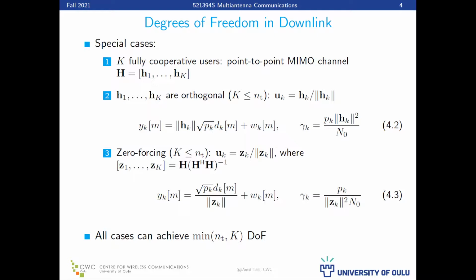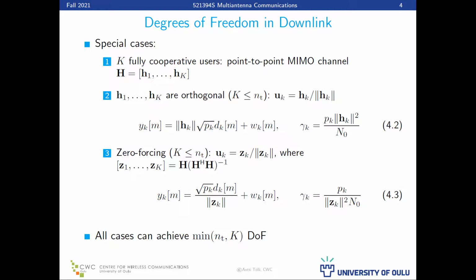And clearly in this case, the degrees of freedom are the minimum of NR and K. If we have more users, let's say K larger than NR, still it would be transmitting only 4 streams in this case. So that's one special case, allowing coordination between receiver antennas.